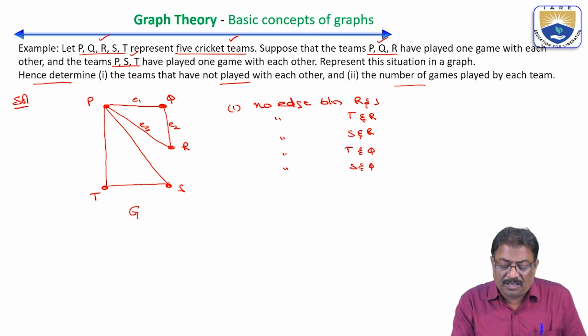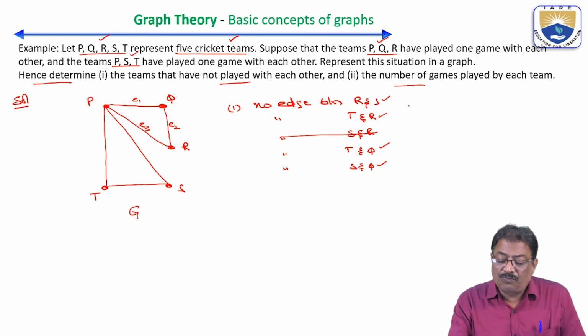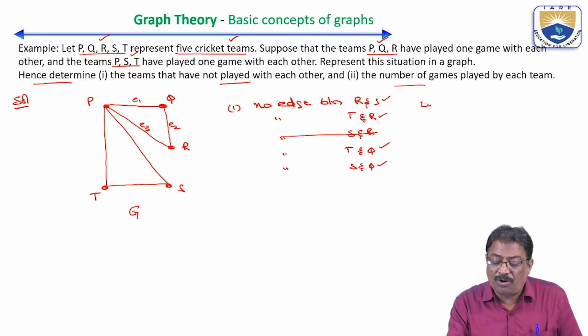S and R there is no edge, R and T there is no edge, and R and S is the same as S and R. Then the remaining is T and Q. So this is not there, it's already mentioned.